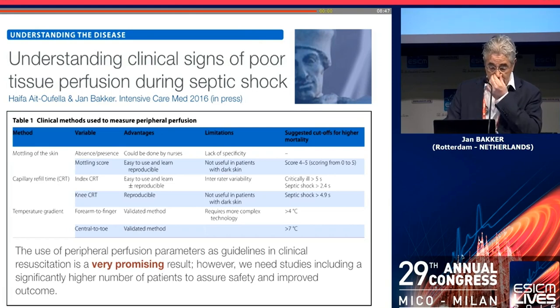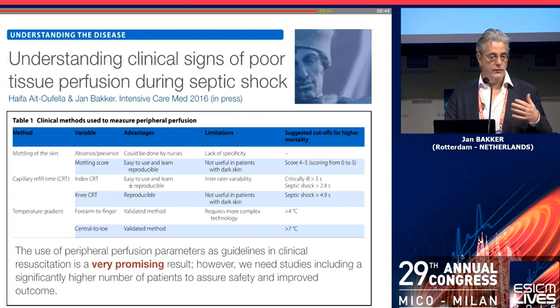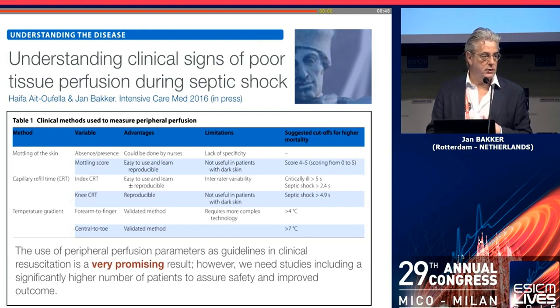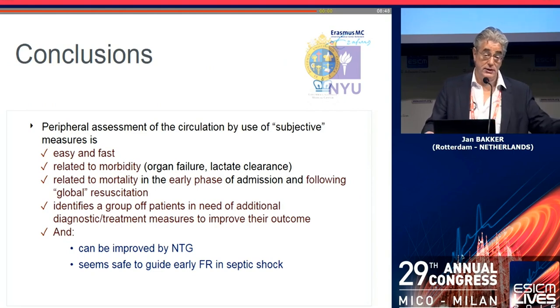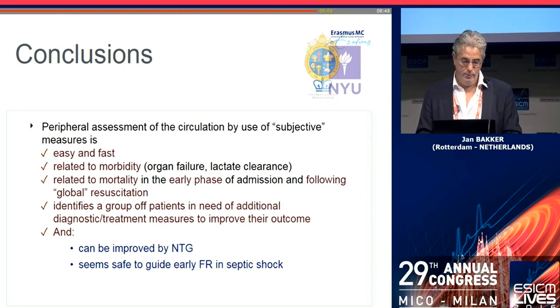Together with Hafid, I wrote this Understanding the Disease, and we said, well, the use of peripheral perfusion parameters as guidelines is very promising. We have a lot of, let's say, association studies where we associate the abnormality with a clinically relevant outcome, but we don't have any interventions that tell you that if you do this, then the patient outcome will be better.